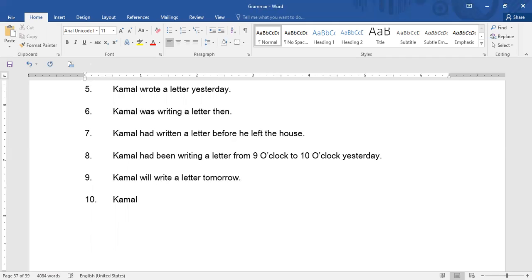Future continuous. For continuous, you can use the ing form. Kamal is going to write a letter. You can use is because it shows the present tense.